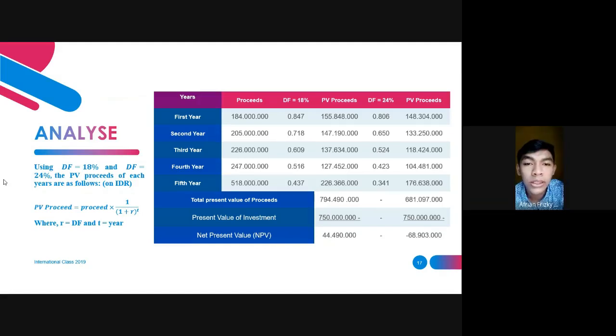From the given information, the present value of investment is 750 million rupiah. So the net present value for the DF of 24% is minus 68 million and 903,000 rupiah. It is from the total present value of proceeds minus the present value of investment. Okay, next.